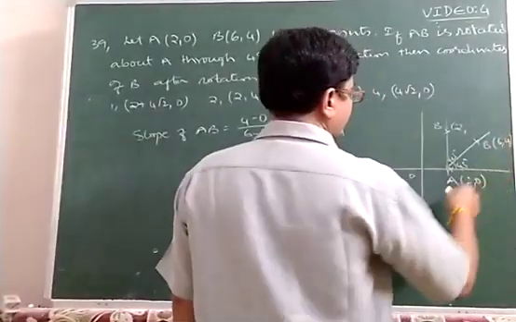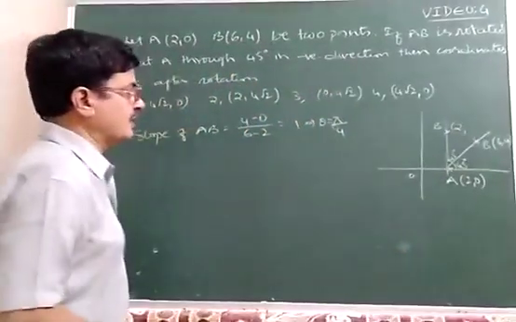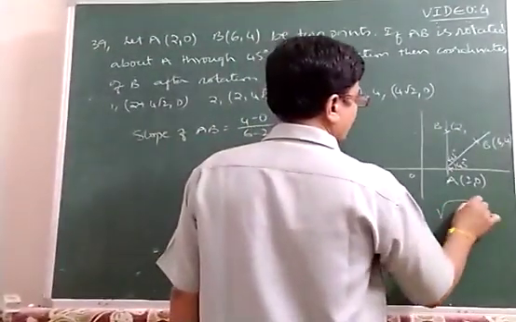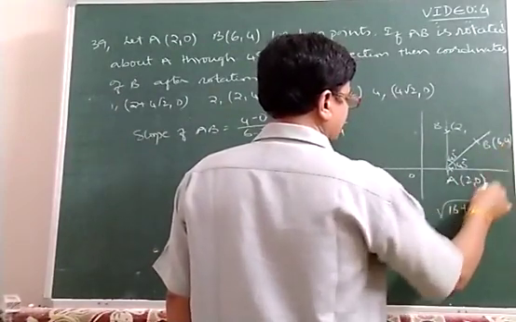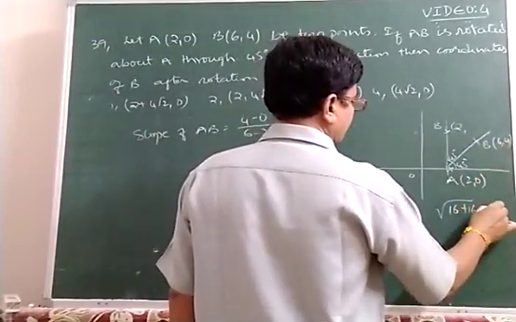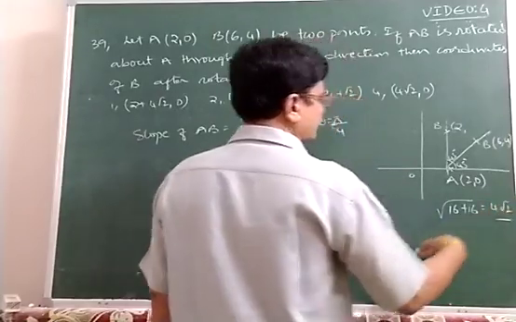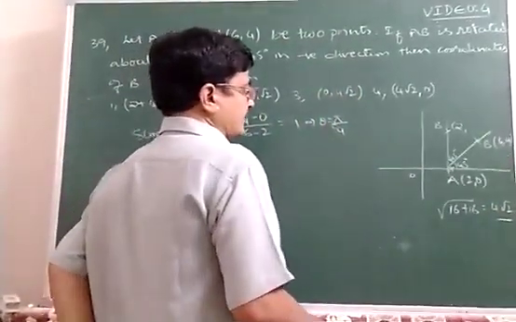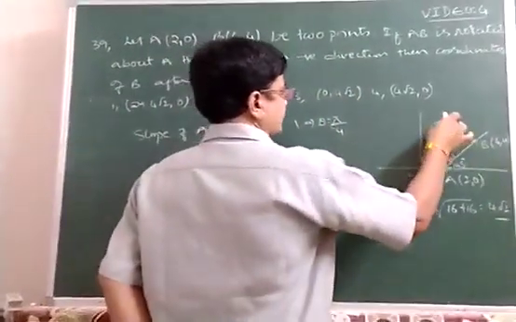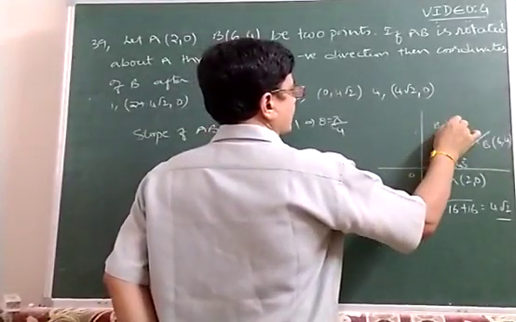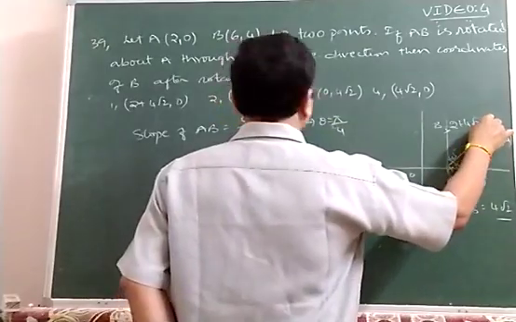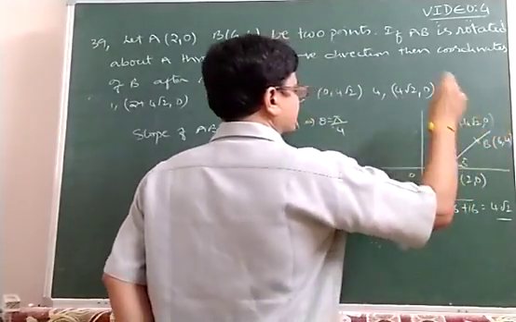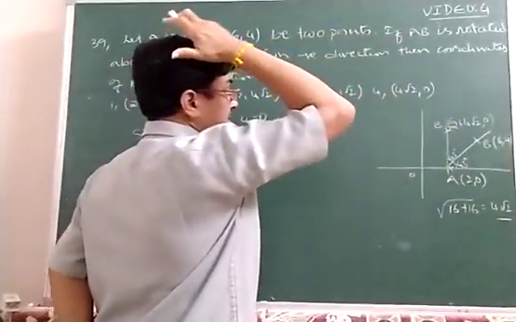So the distance between the points AB is square root of 4 square plus 4 square, 16 plus 16, that means 32, which is 4 root 2. So the distance is also equal to 2 plus 4 root 2 comma 0. Just we consider like this.